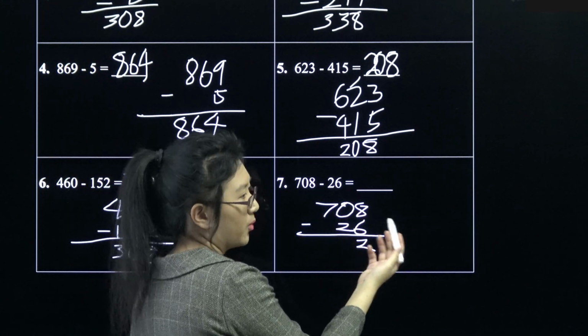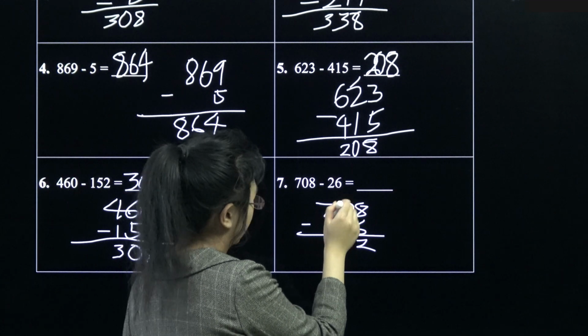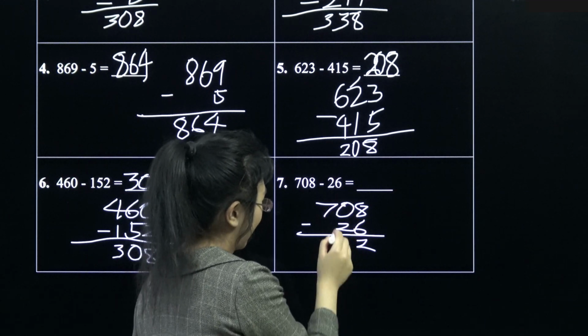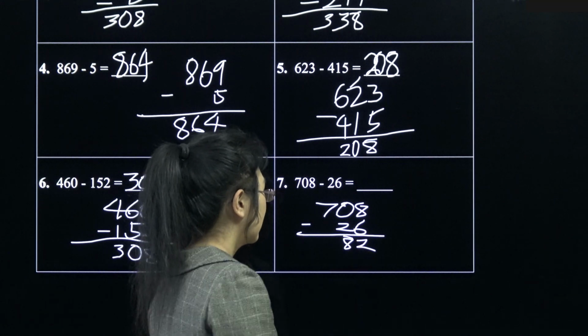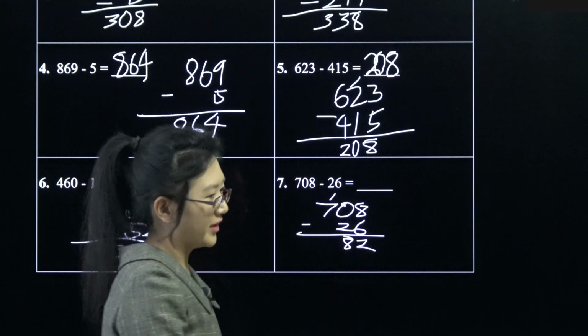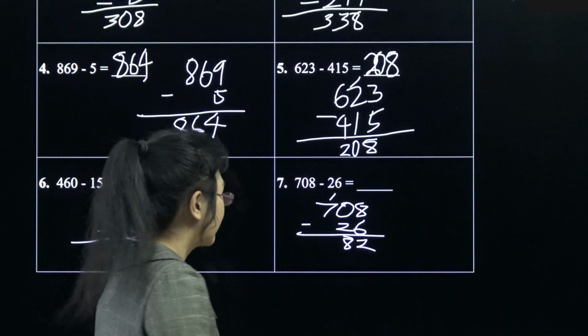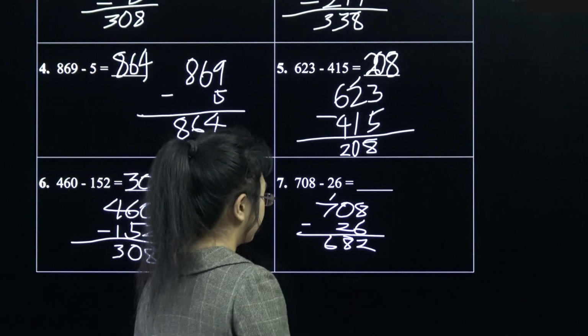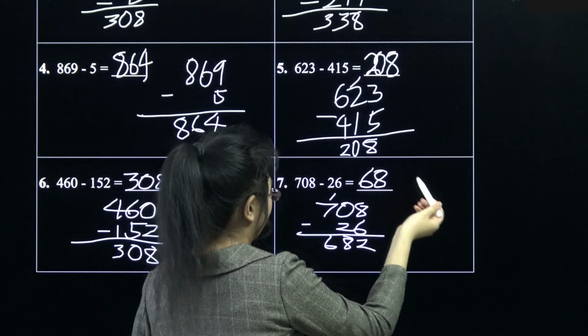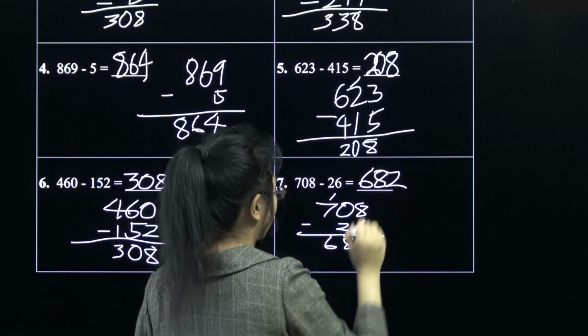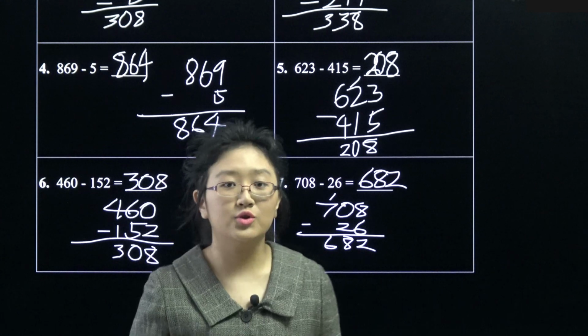Yeah, it works the same way. We just take off 1 and get 10 over here, so that's 10 minus 2 equals 8. And since 7 got 1 taken off of it, that's just 7 minus 1 equals 6. 708 minus 26 is equal to 682.